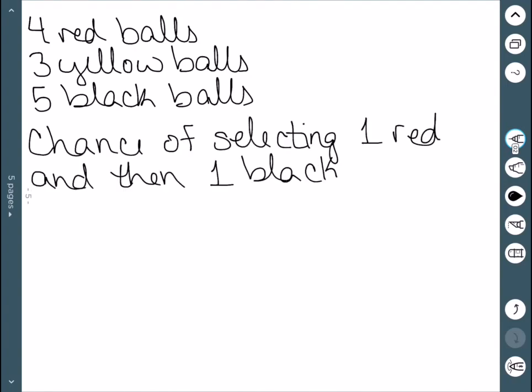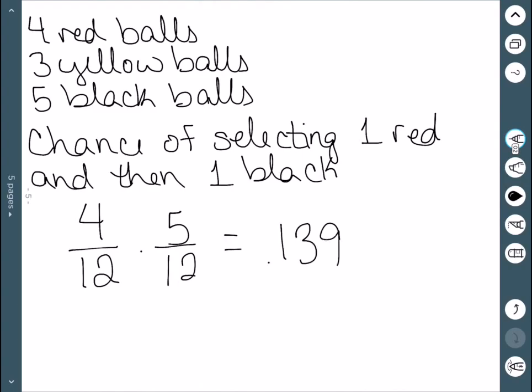Let's now consider the chance of selecting 1 red ball and then 1 black ball. For the red, we have 4 out of 12, and for the black, we have 5 out of 12. Once we multiply these, we get 0.139, or 13.9%.